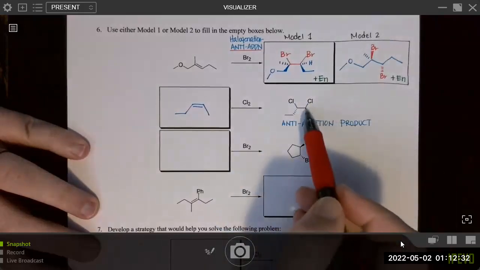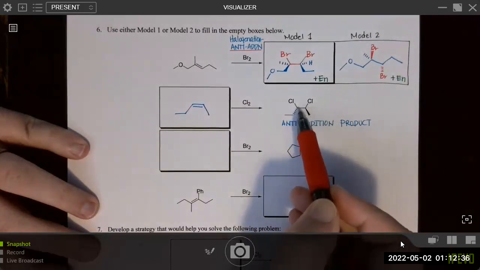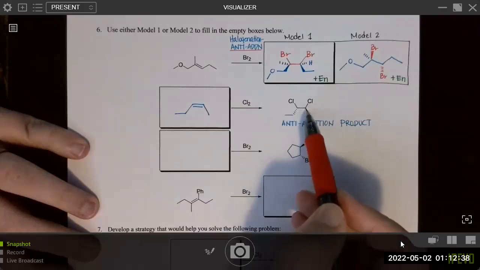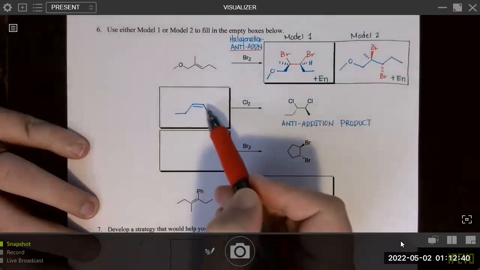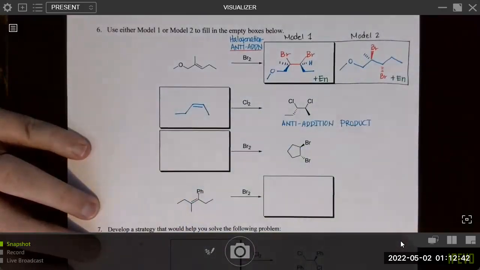So originally, this should have been on the same side as the ethyl. Put them on the same side, then that makes this alkene. You can go back and study your models and hopefully be able to understand that or see the difference from that.